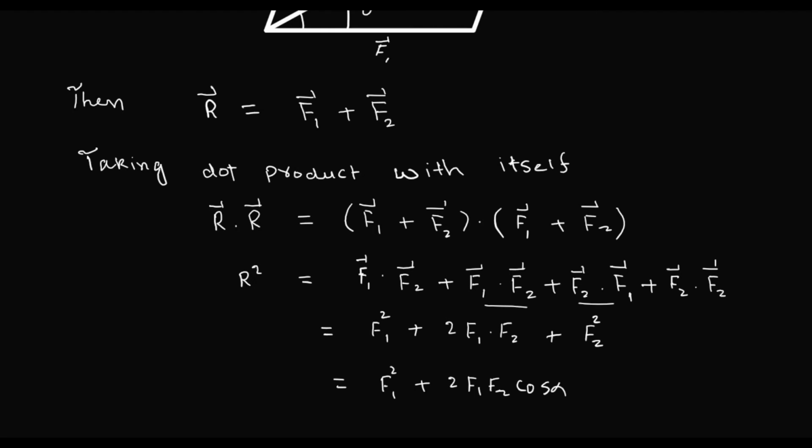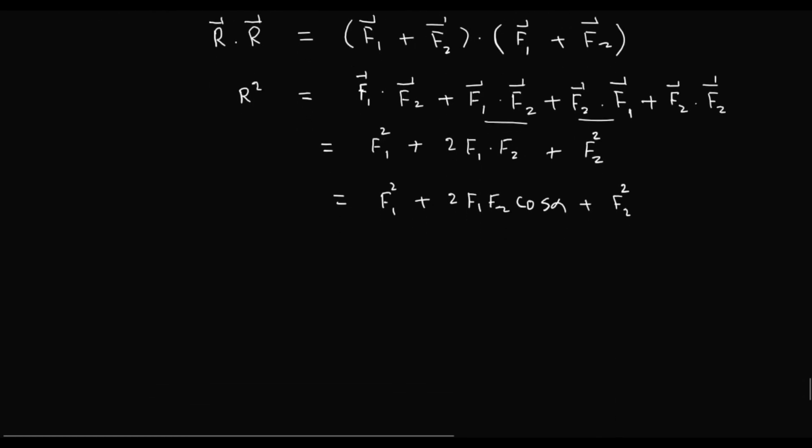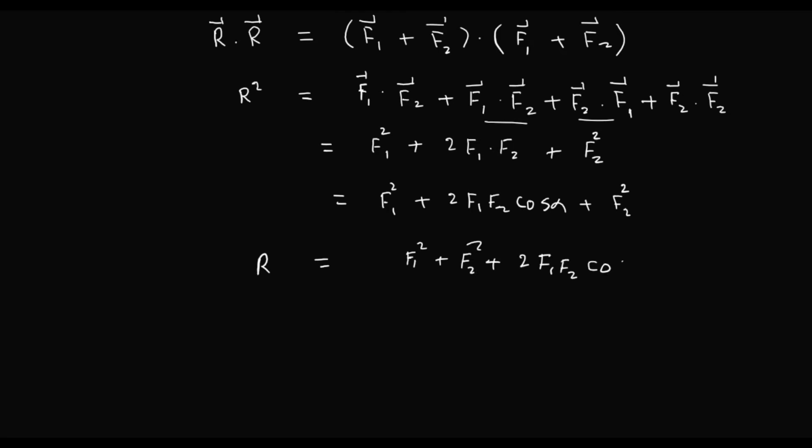Since it is a dot product, it converts into the cosine of the angle. The angle between F1 and F2 is alpha, so it will be cos alpha. So it can be written as F1 square plus F2 square plus 2 F1 F2 cos alpha. Since the left hand side is R square, it will convert into a square root.